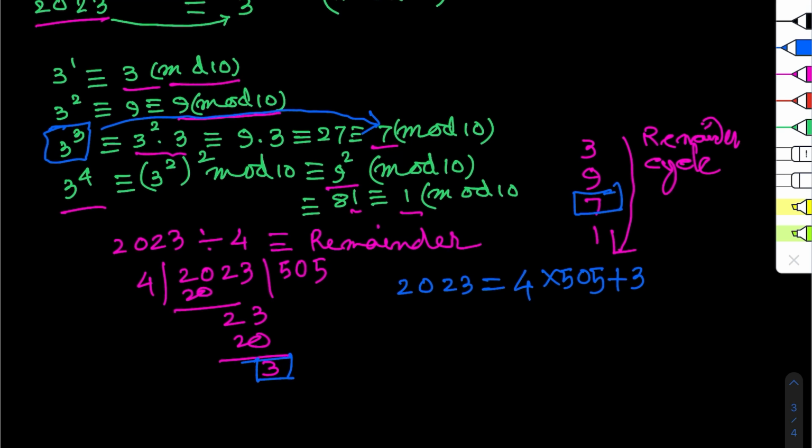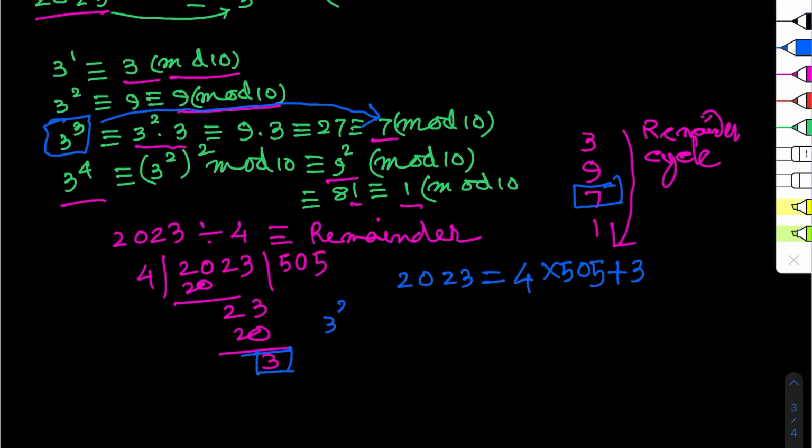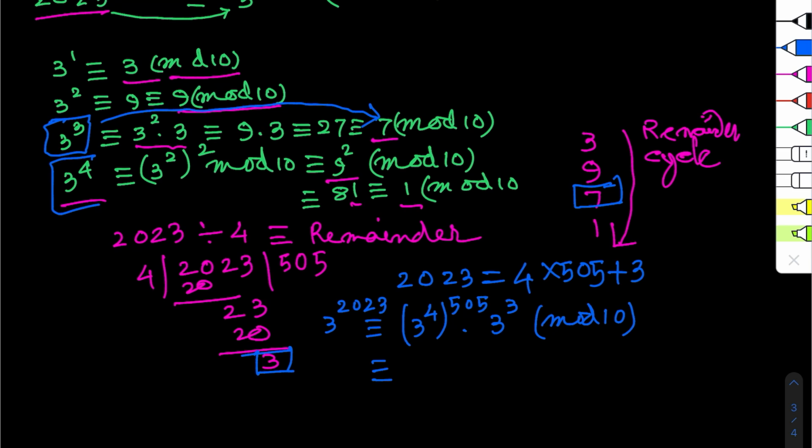Here 3 to the power 2023 is congruent to 3 to the power 4, whole to the power 505, into 3 to the power 3, modulo 10. For 3 to the power 4 we get 1 as the remainder.